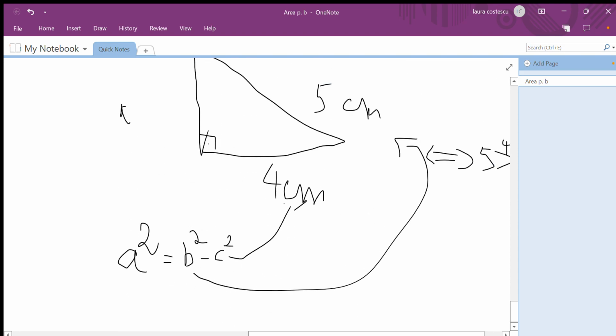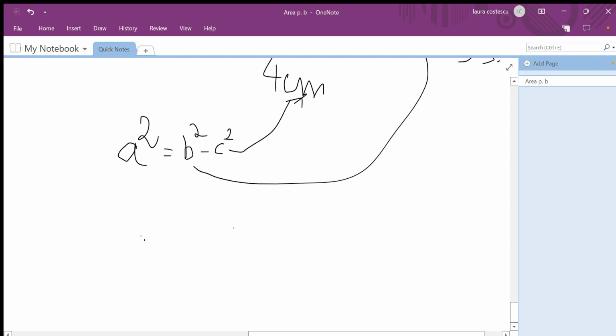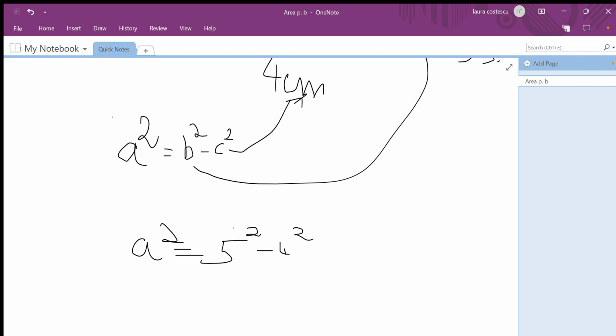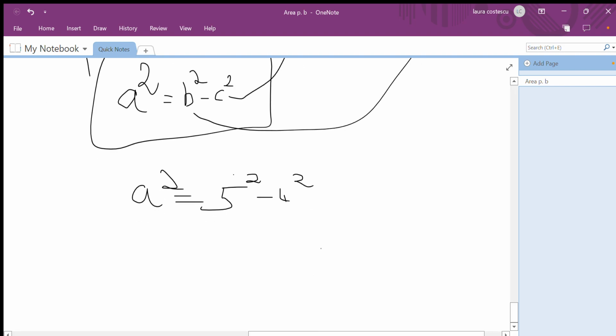So now let's rewrite this. a squared equals 5 squared, which is 25, minus 4 squared. Here, this is a very important formula too. a squared equals b squared minus c squared.